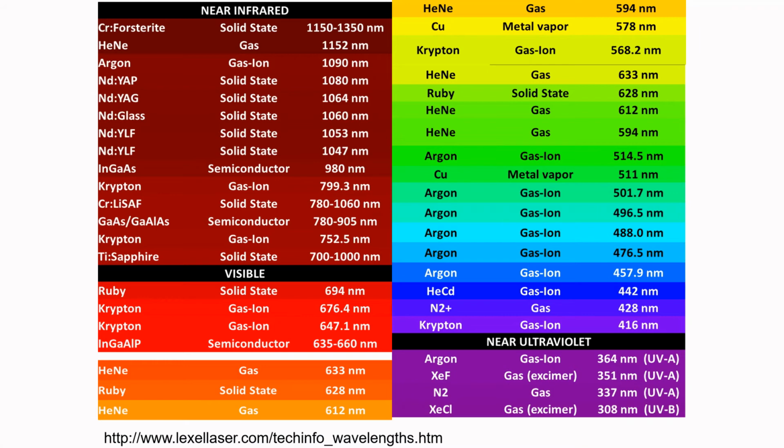At 633 nanometers, but coming on down, the argon lasers I mentioned are in the green light range and going into blue. If we carry on down, we've again got lots of gas ion lasers involved there.